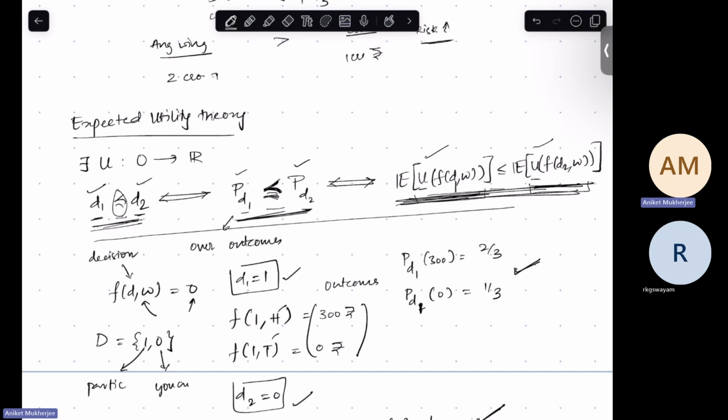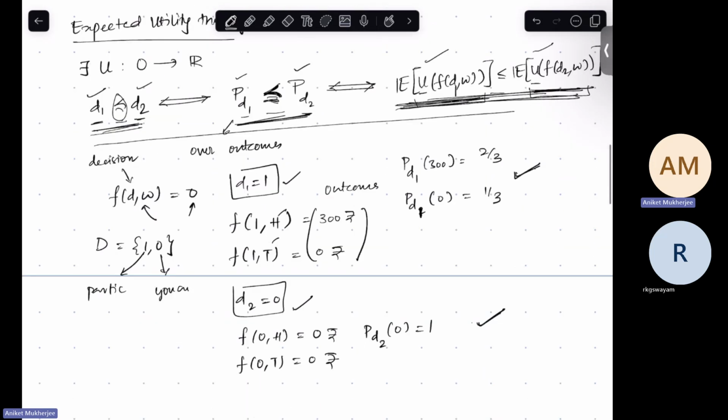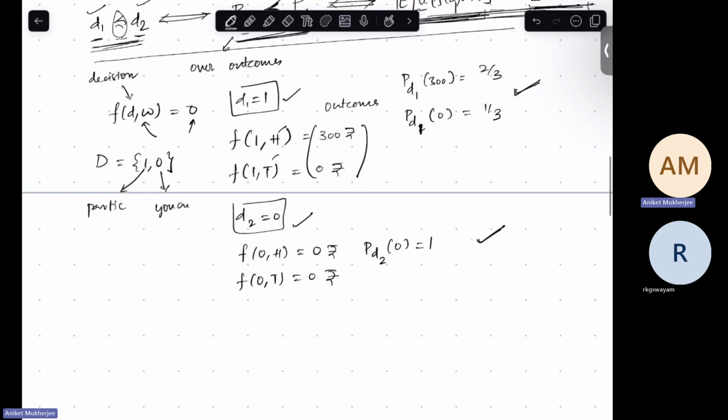I've just written using two things. Basically, you have this set of lotteries, or this set of probability distributions. So P is the set of all the probability distributions over outcomes, PD1, PD2, and so on, PDN. Now these need not be finite.